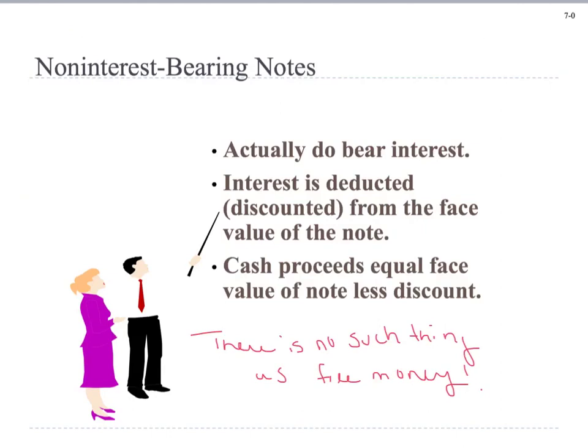The other term to get the interest on the books that you need to be familiar with is, we call this imputing interest. Okay, so if you have a non-interest bearing note, maybe a company is just being very kind to you.